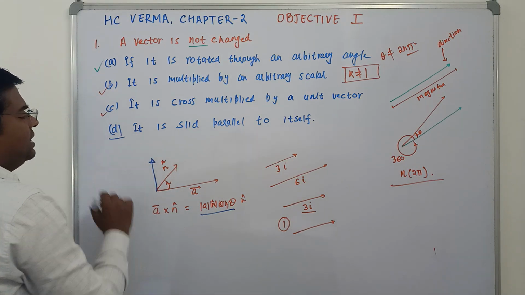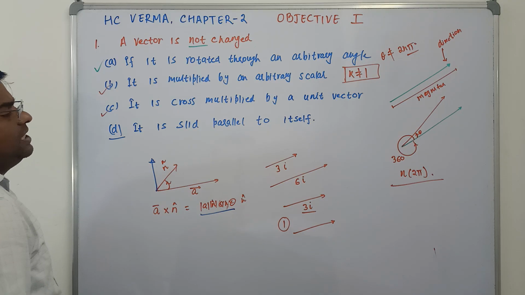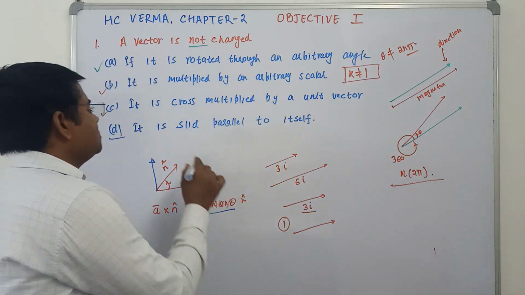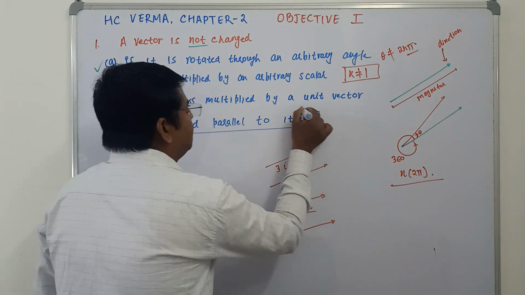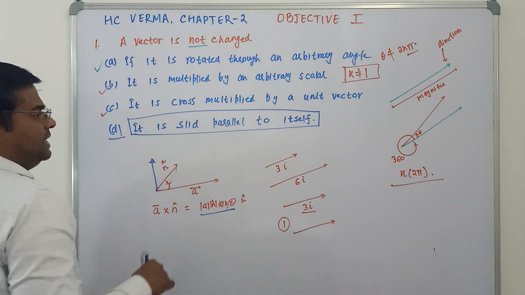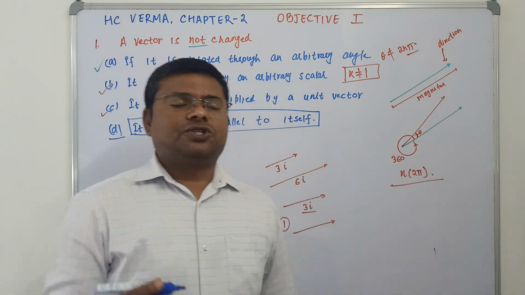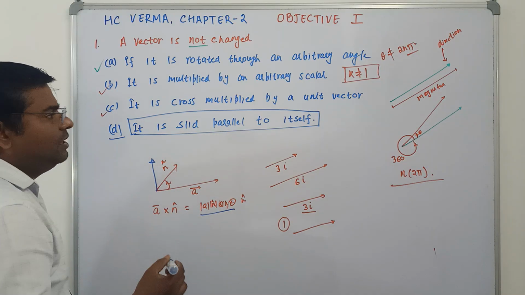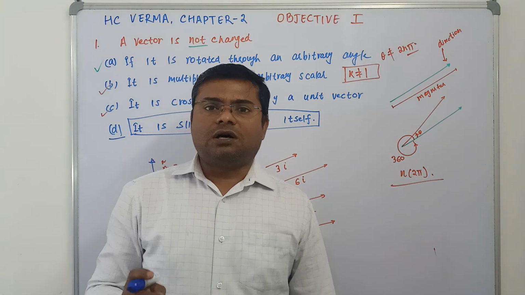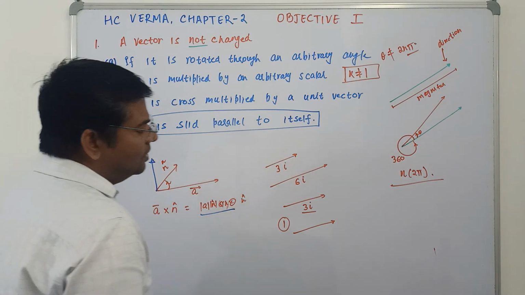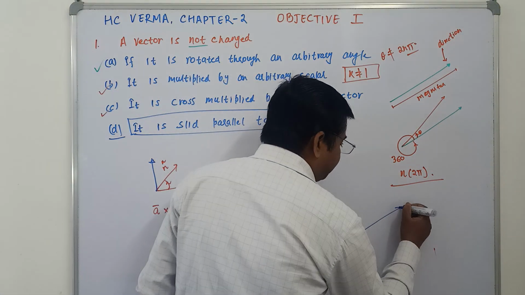Now the last one is: it is slid parallel to itself. Very important, and we use this concept in many questions. You will see in detail when we do the questions of H.C. Verma. Obviously, we do all the questions one by one, and we will effectively discuss all the concepts behind all the statements. Now, a vector is this one.